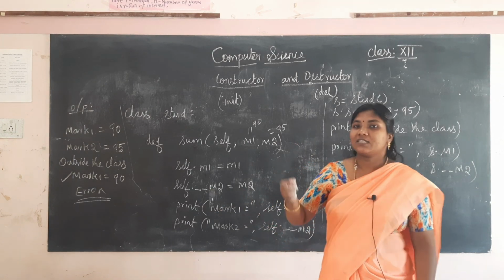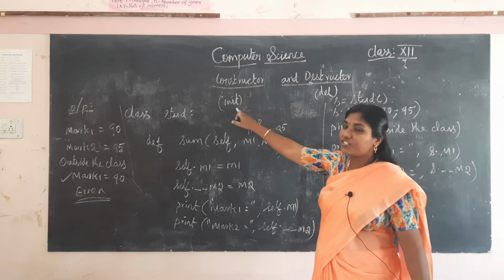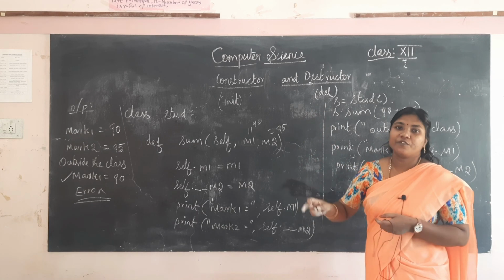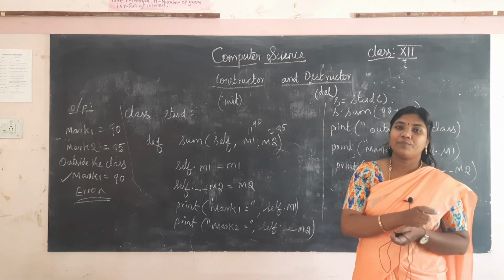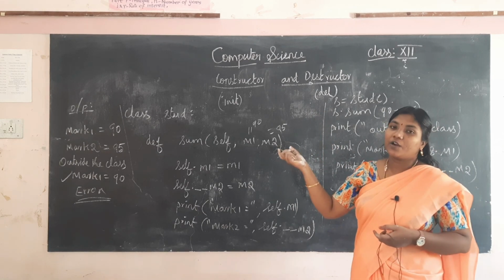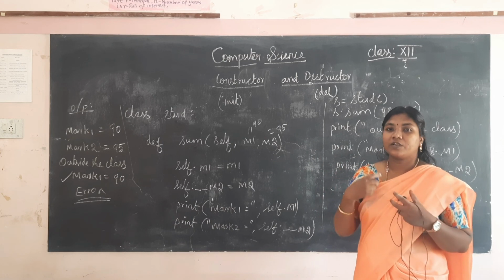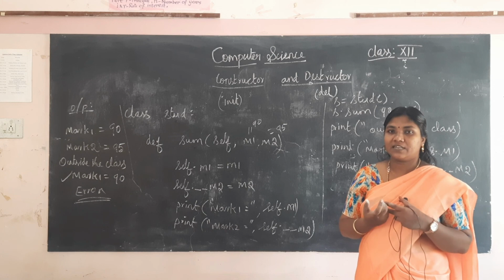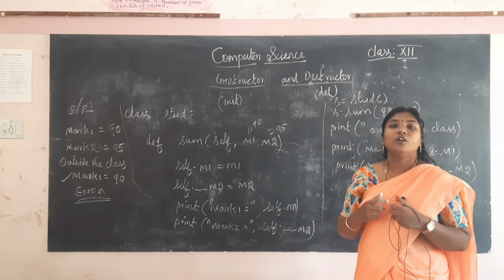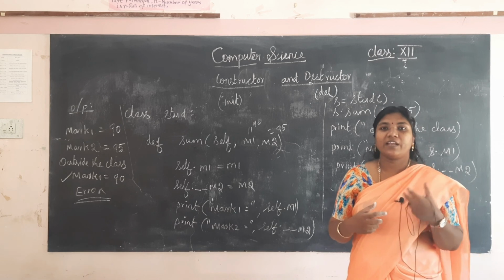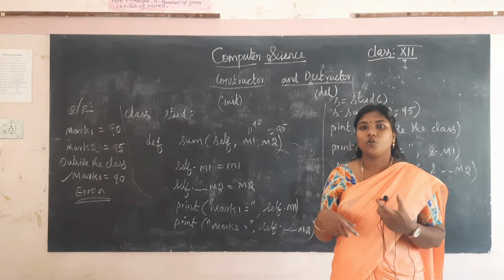Clear? So constructor is handled with the function init and destructor is handled with the help of the function del. Before that we have to give 2 underscores and after that 2 underscores. Okay. So you know how to create a constructor and how to create a destructor. When they are not called explicitly, they are automatically called when you create an object or when you come out of the scope of the class.